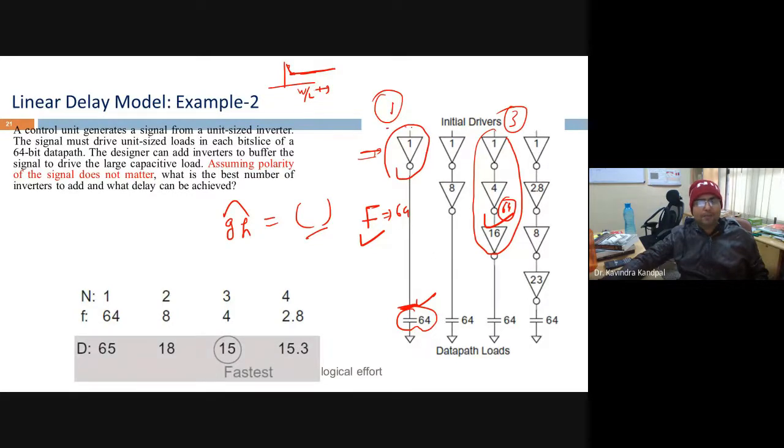And you cannot excessively increase the W by L because it is not going to help you. So it is better to use this approach. It is reducing your delay from 65 tau to 15 tau. Yes or no? Yes, sir.